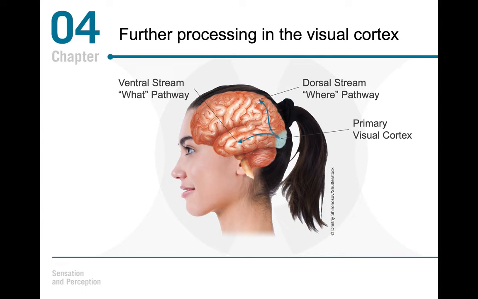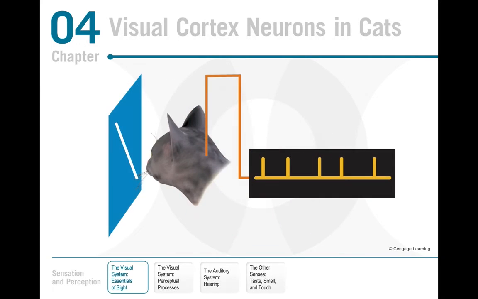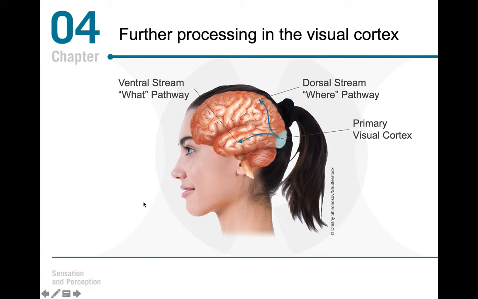In monkeys and humans, for example, there are neurons further down the line that respond to pictures that basically resemble a face. If you think about how a face looks and the basic shapes that make it up, it's basically much more complicated than a single line. And so it's interesting that there are specific neurons that would only fire when they see a combination of shapes that look like a face and nothing else.